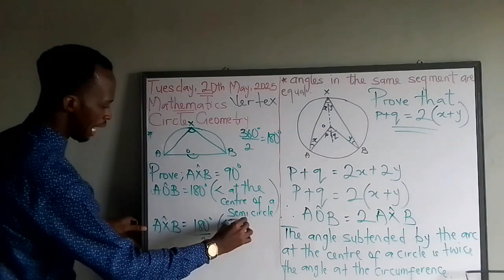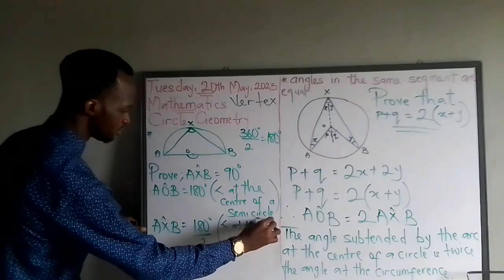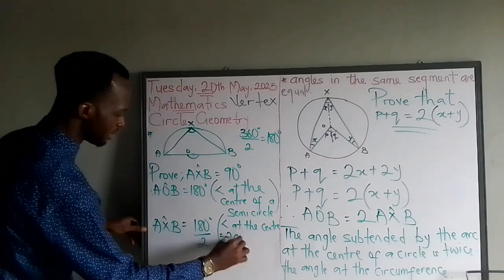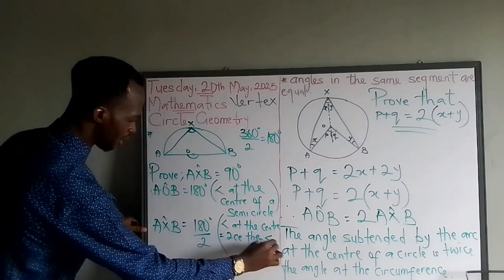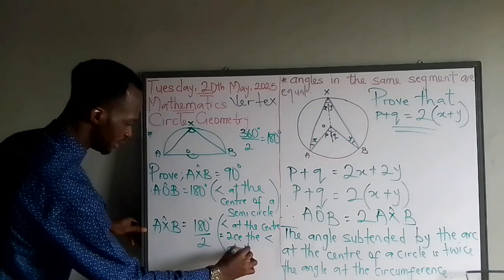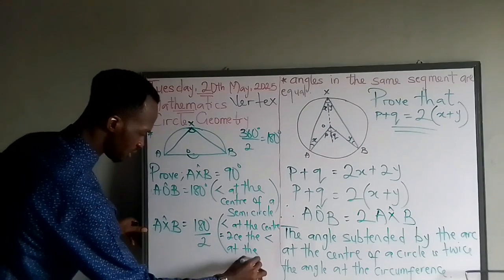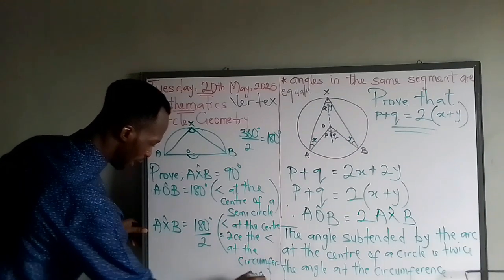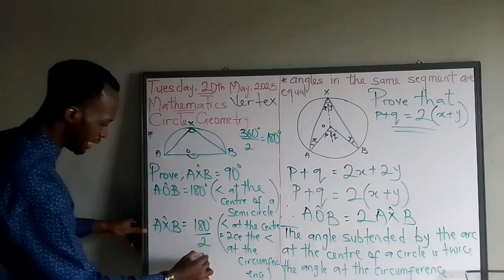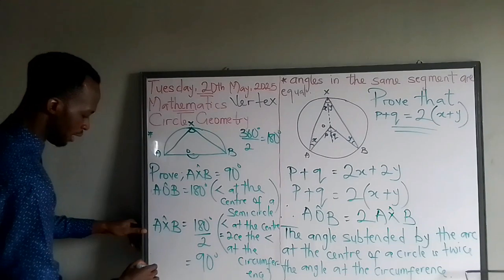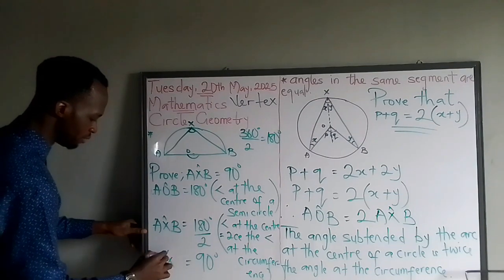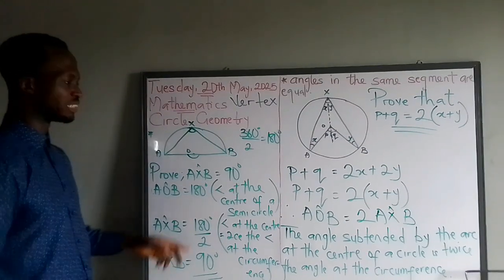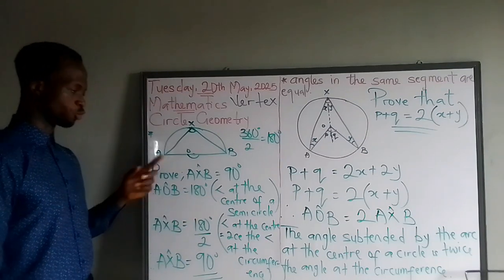Angle at the center is equal to twice the angle at the circumference. So 180 divided by 2 is 90 degrees. Therefore, the angle at x, AXB, in a semicircle is equal to 90 degrees.